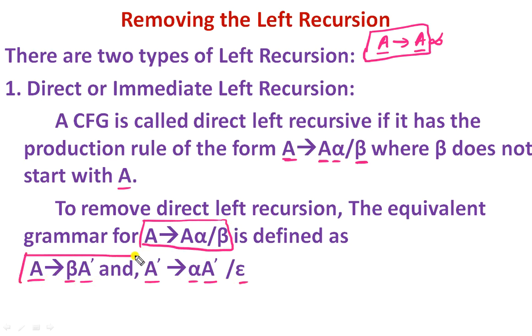So one single production rule is converted into two production rules. Like this, we can eliminate the left recursion. Here you may observe that there is no starting A either here or here. So that is why we can say that these two production rules do not have any left recursion.